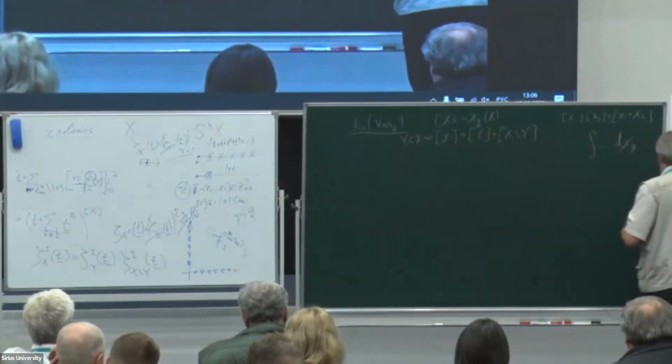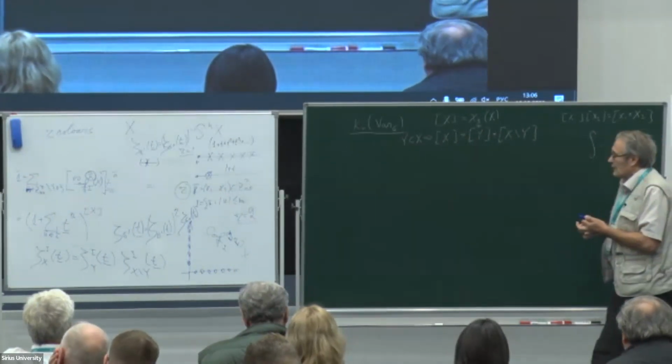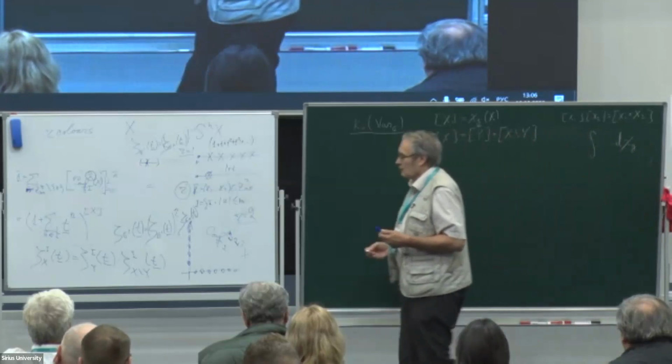Okay. So the meaning of that is defined by the so-called power structure of the Grothendieck ring of varieties.